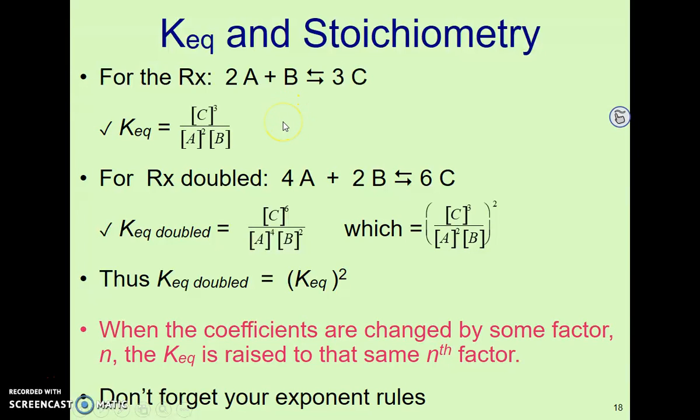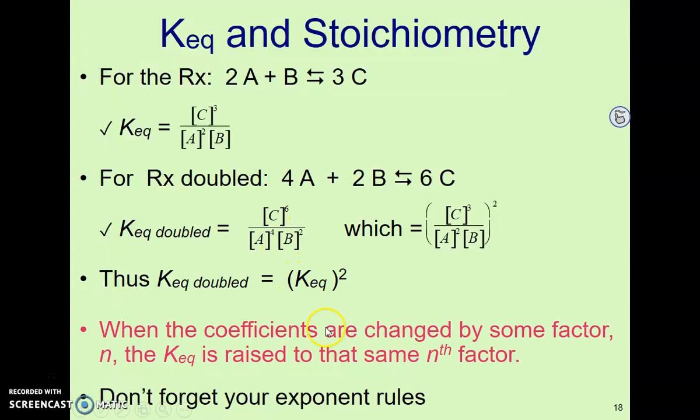When we were doing Hess's Law, if you doubled the reaction, you multiplied by 2. But when we're dealing with K's, if you double the reaction, instead of multiplying by 2, you square it, or you raise it to the coefficient by which you're multiplying. For example, if you multiplied this reaction by 3, instead of squaring 6, you would raise 6 to the 3rd power.